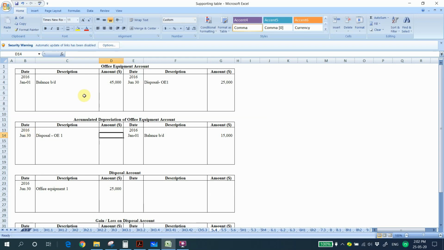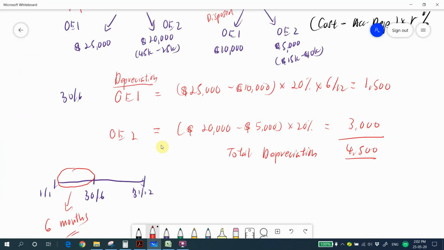So what is the total accumulated depreciation for office equipment 1 up to the date of disposal? The total depreciation will be up to 1st of January 10,000 and up to 30th June 1,500.